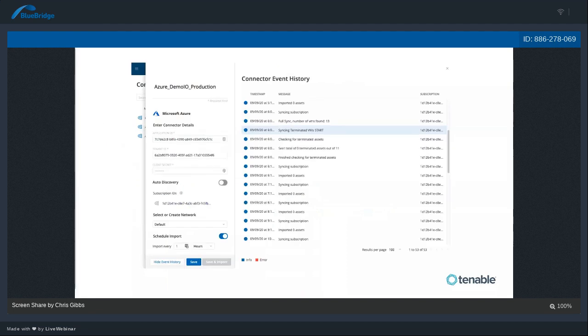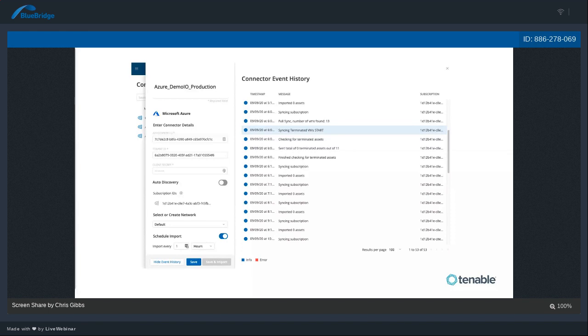Now, from a Tenable perspective, we have a few things when it comes to asset management. We have standard agents, Nessus scanners that do host discovery, the Nessus Network Monitor, the passive scanning. And if you have cloud infrastructure, those environments can be very dynamic.